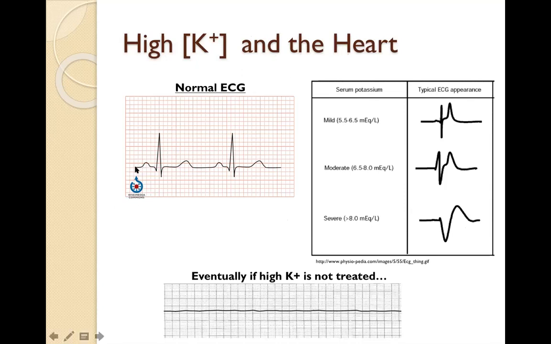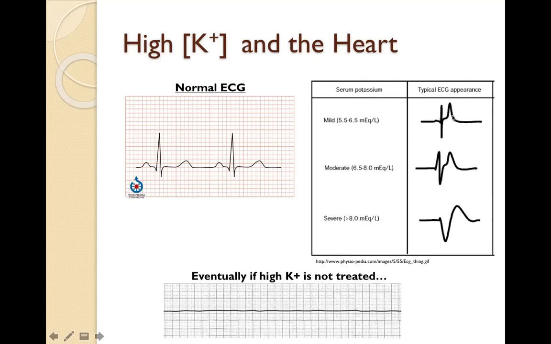So let me give you an example of what I mean by this. If you look at your normal ECG: P wave, QRS complex, T wave. P wave, QRS complex, T wave. Well, when you have a high potassium, even a modestly high potassium, so a normal is up to 5, even at around 5.5 milliequivalents per liter, notice what happens to the repolarization event in the ventricle.